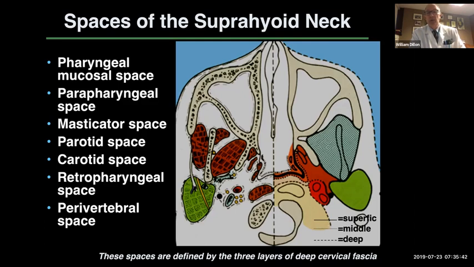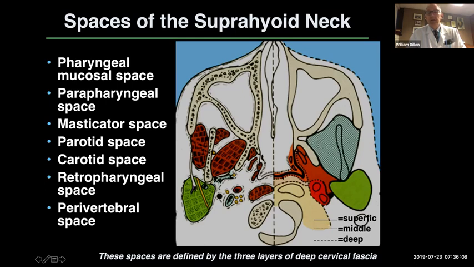For instance, the mucosal space, the parapharyngeal space shown here in red, the masticator space around the mandible, and the parotid gland, which we call the parotid space. Its deep portion abuts the parapharyngeal space. Remember, the seventh nerve courses through it. The carotid space surrounds the jugular vein, carotid artery and the cranial nerves.